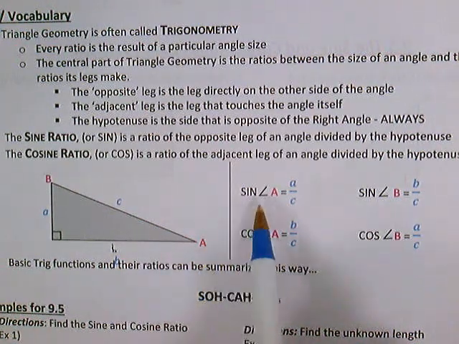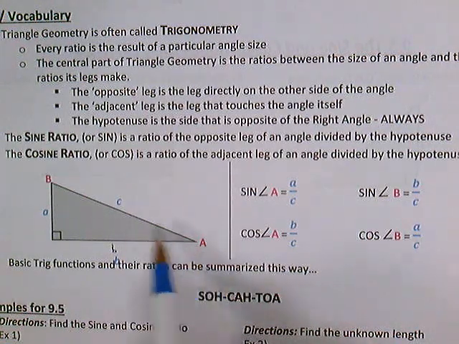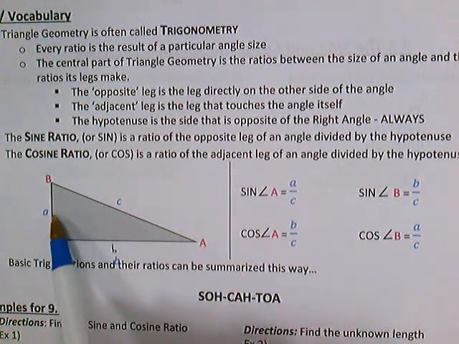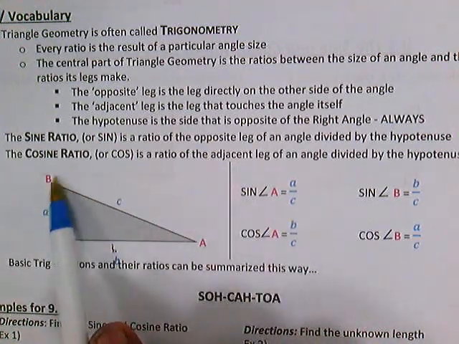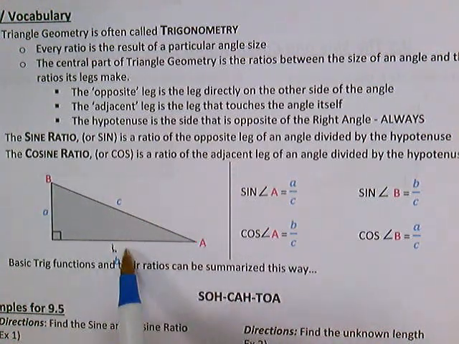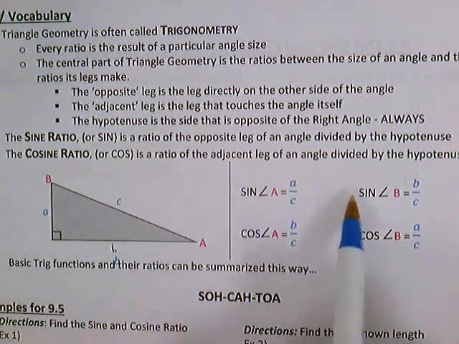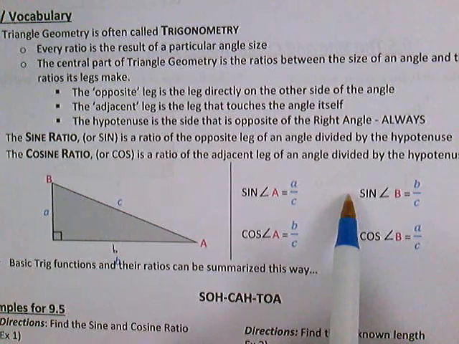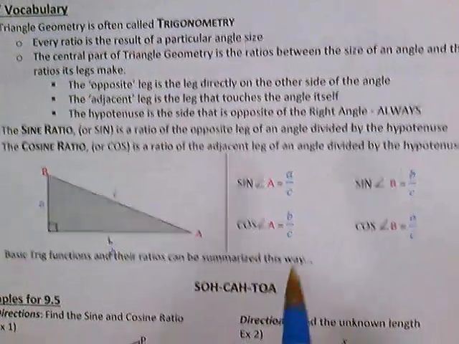For example, sine A, from this corner over here, the opposite leg would be little a, and the hypotenuse would be C. But coming from this corner, this would be the opposite, and this would be the hypotenuse. So that's why this is written like that.